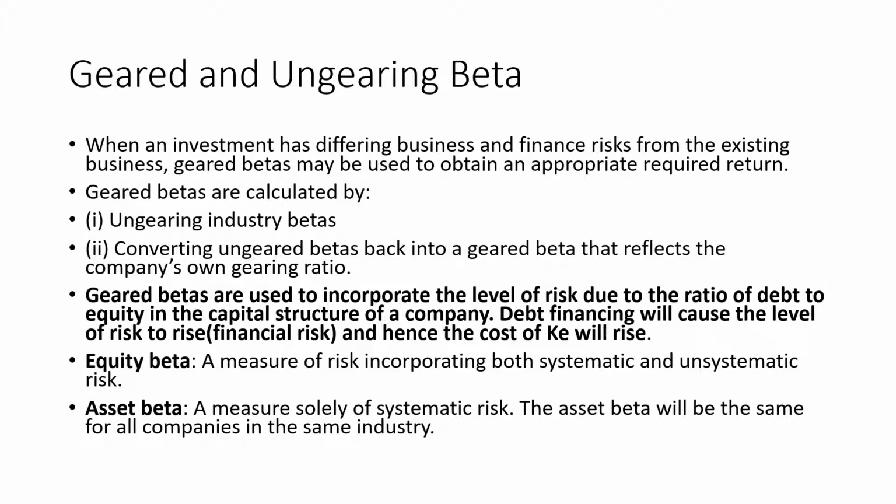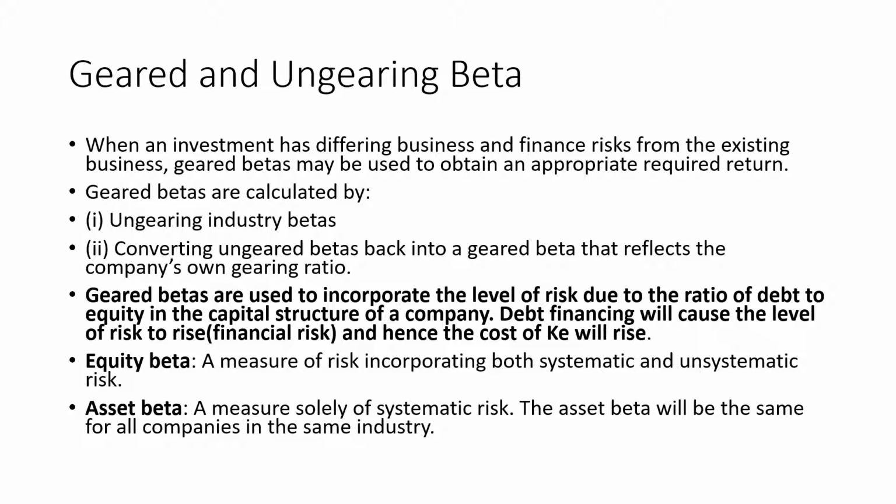Geared betas are used to incorporate the level of risk due to the ratio of debt to equity in the capital structure of a company. Debt financing will cause the level of risk to rise, financial risk, and hence the cost of equity Ke will rise.